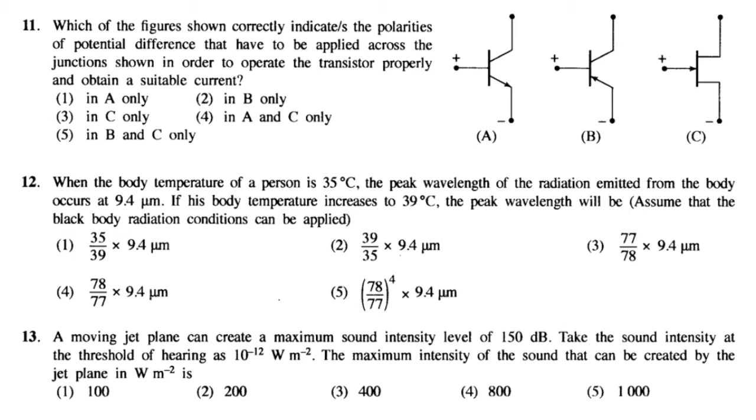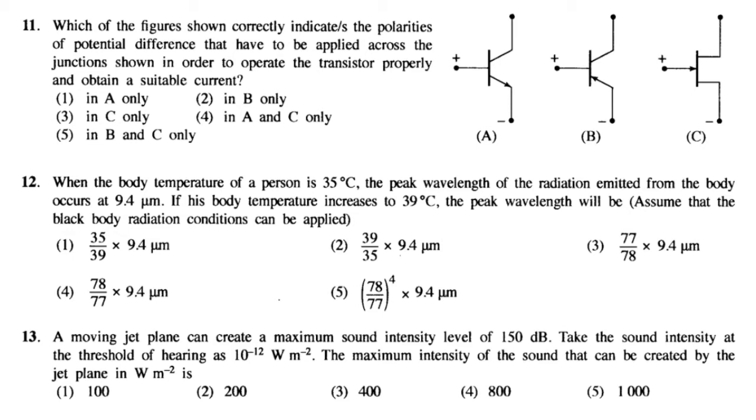then the next line you can write by dividing it by 10. 15 equals log I divided by 10 to the power minus 12. Then 15 equals log I minus log 10 to the power minus 12.